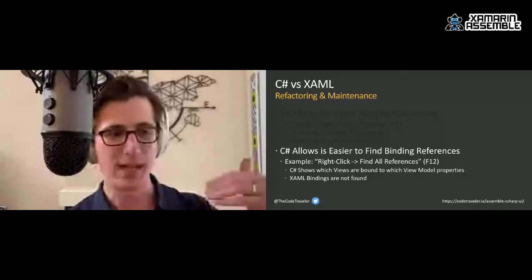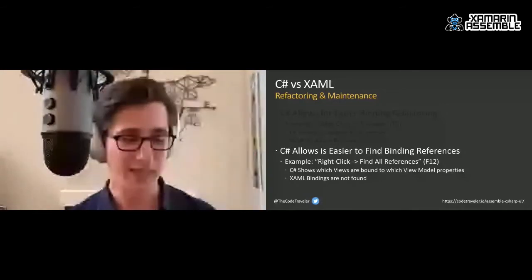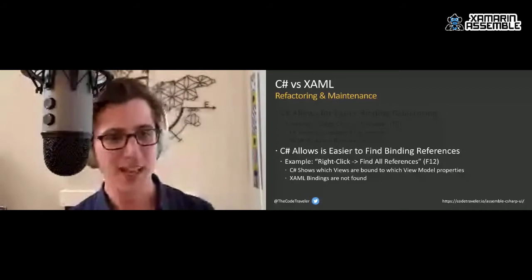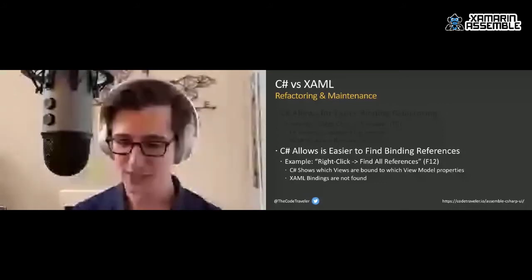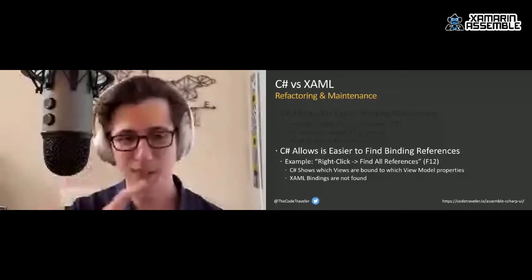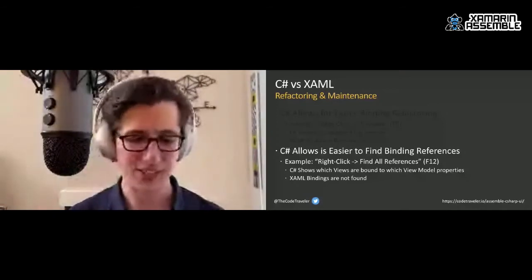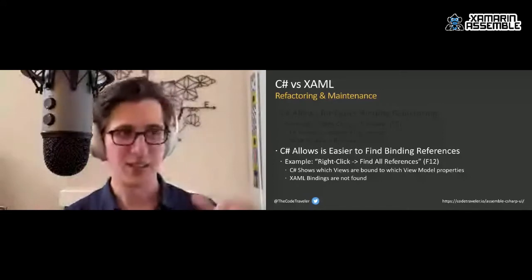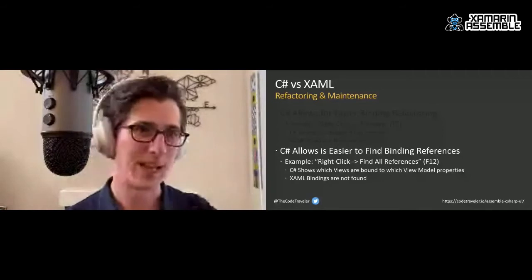Which ones are bound to which view? Well, with C#, again, because everything's typed out, it's all type safe, I can just right click and say find all references. So I can right click on the property in the view model that I want to find the references for, and I can just say F12, and it'll show me every view that's bound to that view model property.